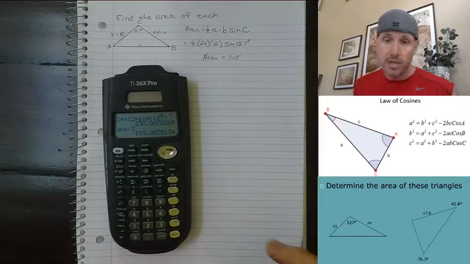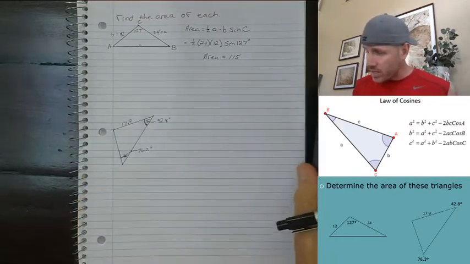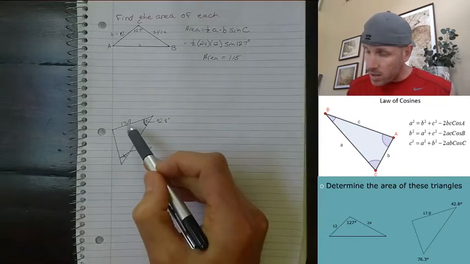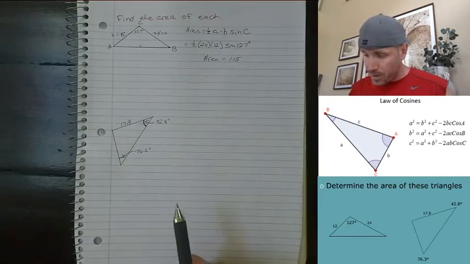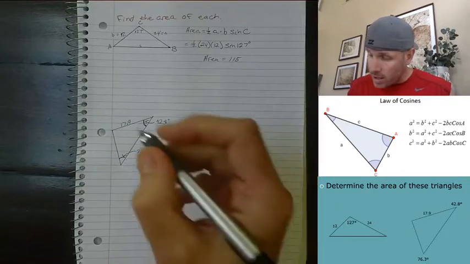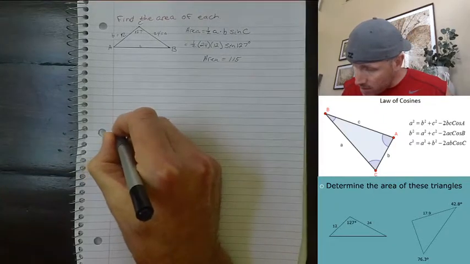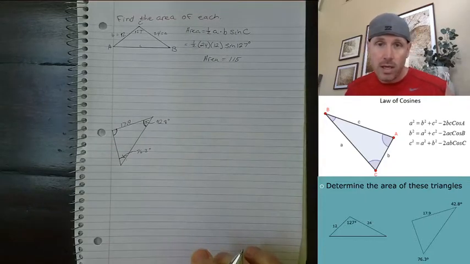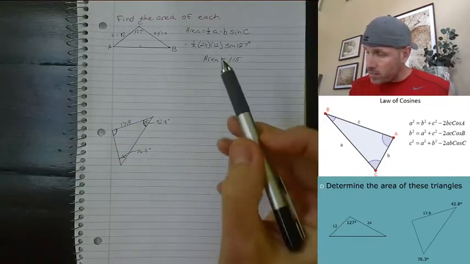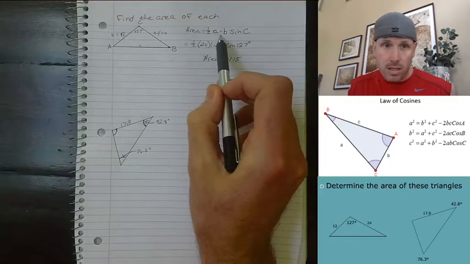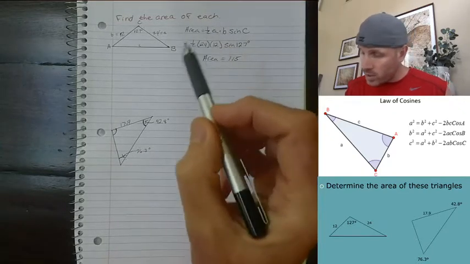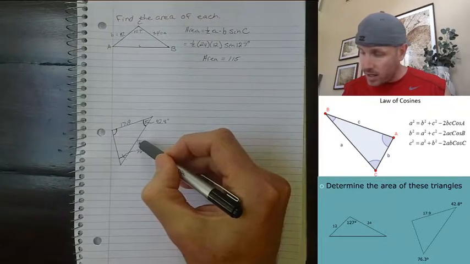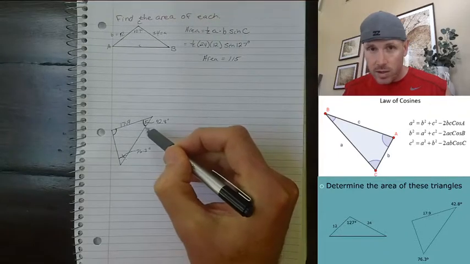The second one that we've got gives us two angles and one side. That means that finding this angle is pretty easy, but it also means that if we want to use this type of equation here, we need to establish this side here so that we have that internal angle.